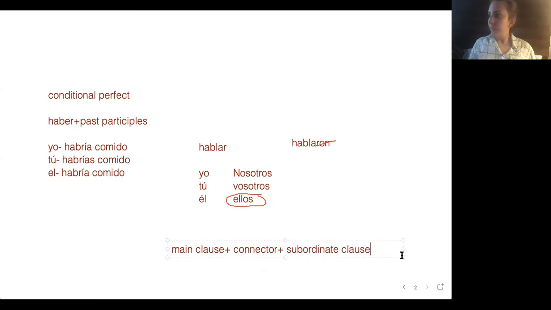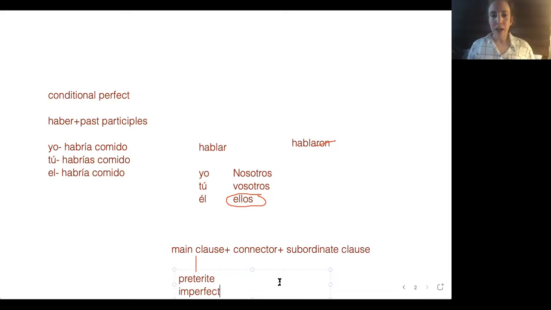The things that triggered the subjunctive before are the same things that trigger the subjunctive in the past subjunctive and the past perfect subjunctive. The only thing is that here things are in preterite or imperfect, and then you use the past perfect subjunctive.